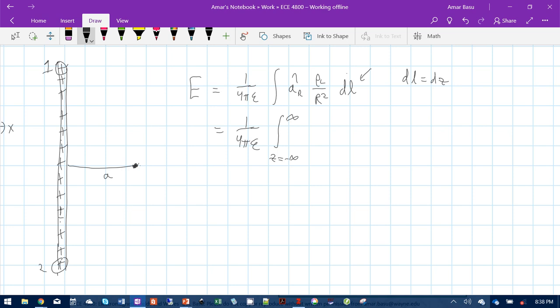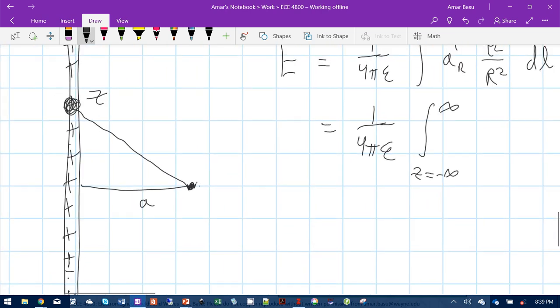All right, so what do we have here? AR. AR is the unit vector that's pointing from the charge to the point, the observation point. So let's say we are at some point z here. Okay? And this is our observation point. So just like before, we want to find the electric field contribution from that charge at that point.